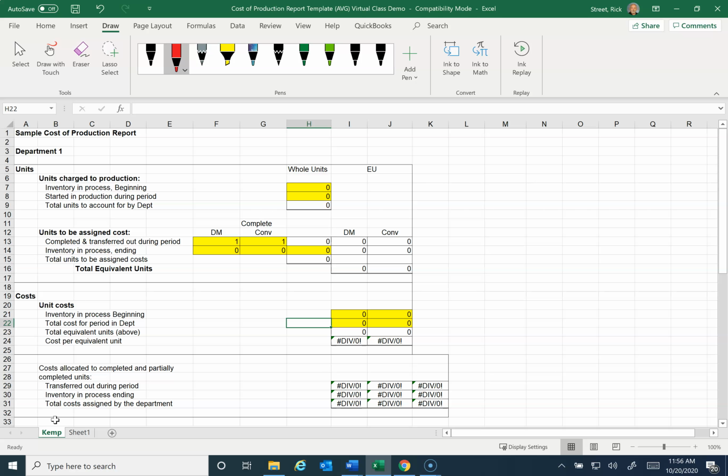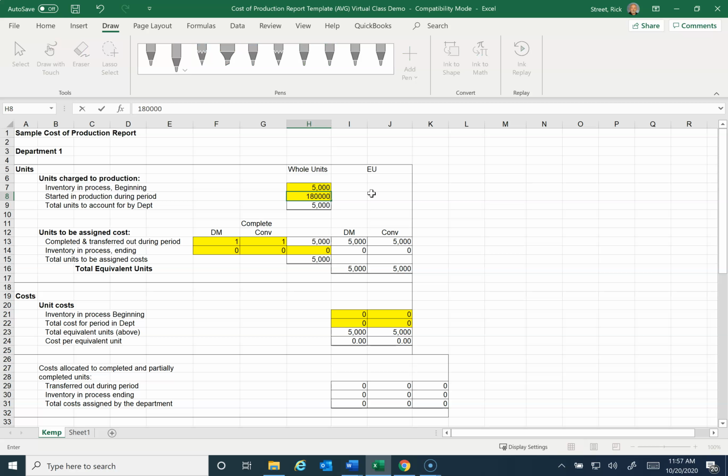Okay, in this cost of production report, I created a template, and it works pretty good. First off, everything that's yellow requires an input. So we've got 5,000 units beginning. We added 180,000 units to the process.